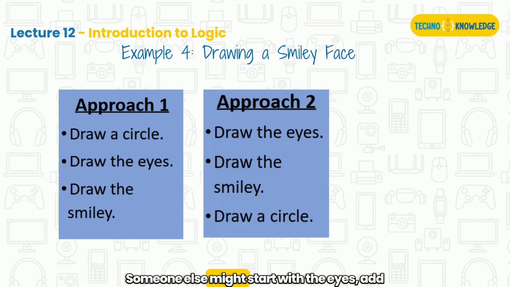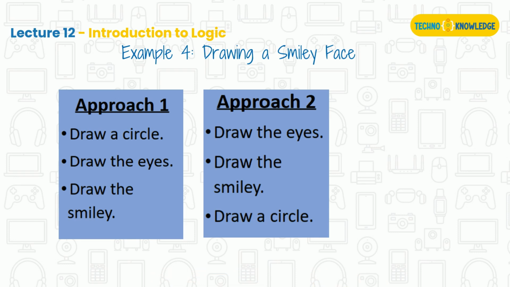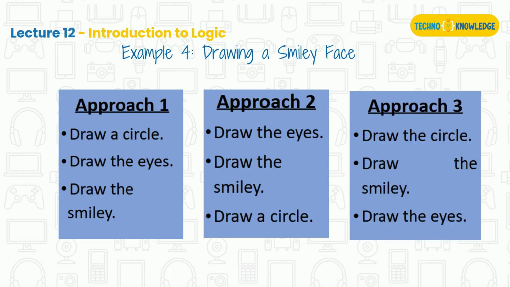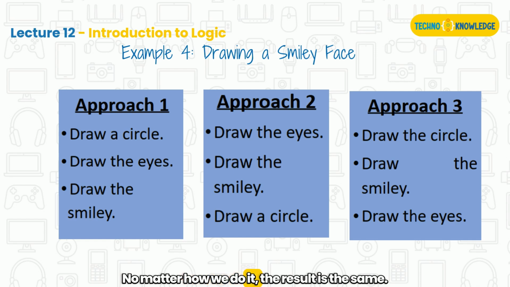Someone else might start with the eyes, add the smile, and then draw the circle. Another way is to draw the circle, the smile, and then the eyes. Cool, right? No matter how we do it, the result is the same: a happy smiley face. This shows how we all have our unique logic to solve problems.